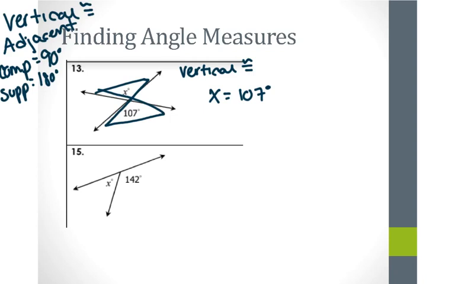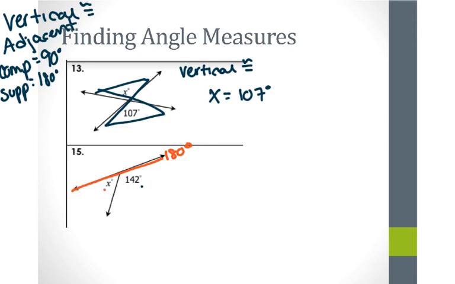Now, for 15, looking at it, X and 142. Well, let me just highlight this part right here. What is that? If you said a straight line, you are correct, which means it has to equal 180 degrees.